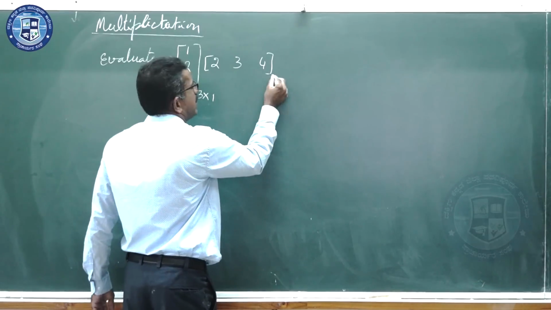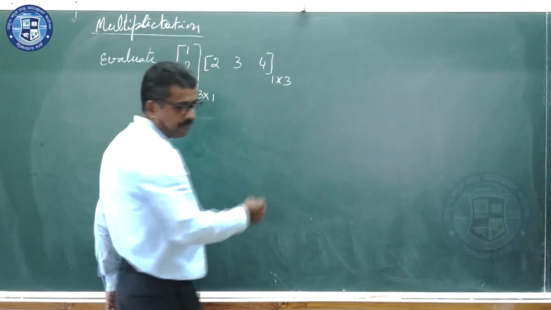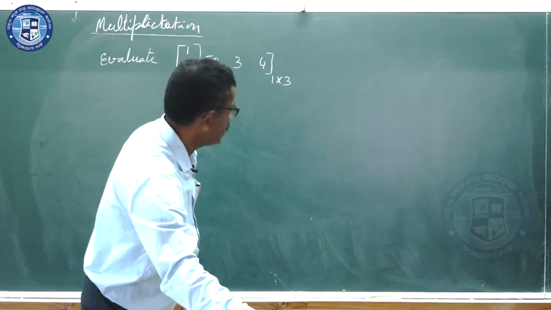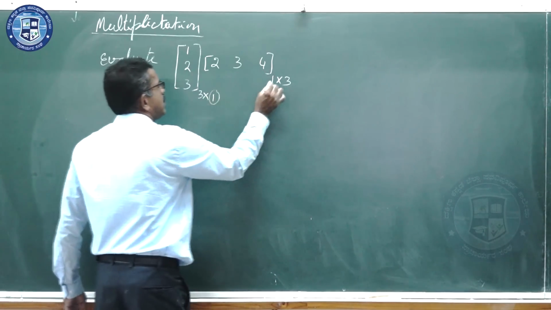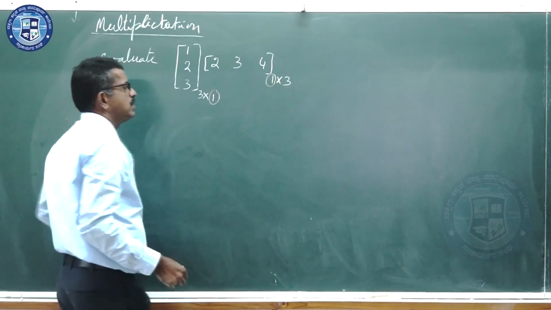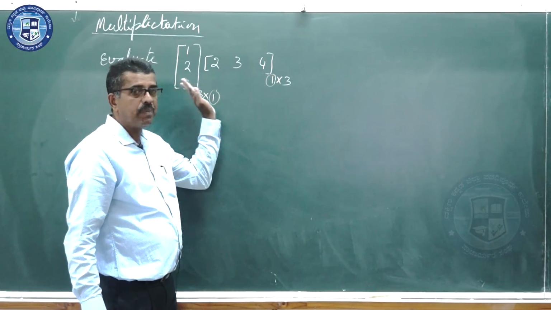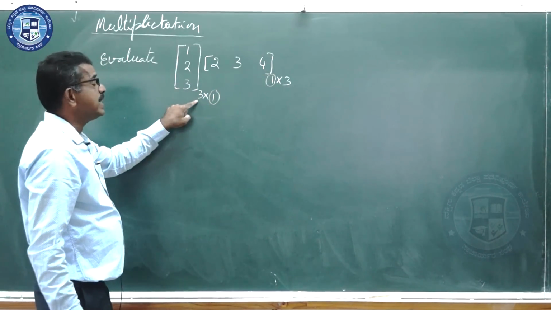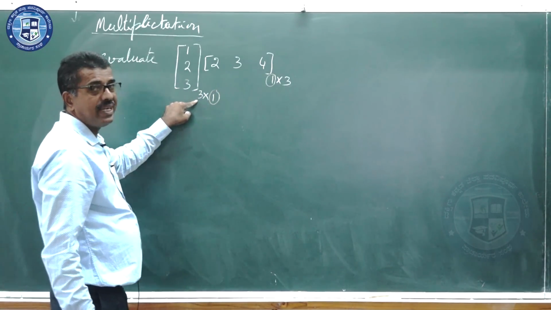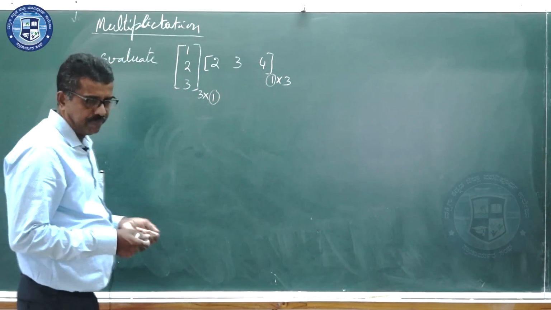What is the order of the second matrix? It is 1 cross 3. As I already told, what is the condition for matrix multiplication? Are they eligible? Of course. These two being equal, matrix multiplication is possible. The resultant matrix will be 3 cross 3.